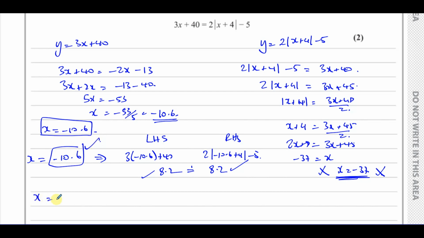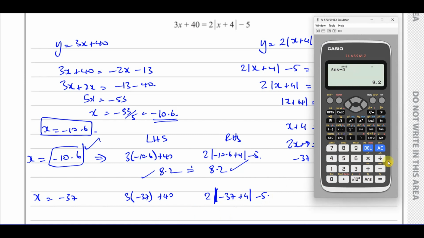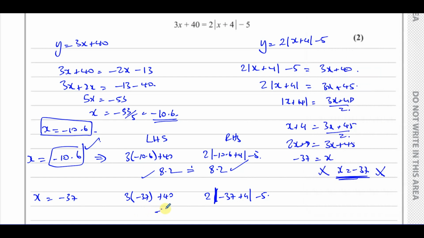And when I try x equals negative 37, I have 3 times negative 37 plus 40 on this side. I have 2 times the modulus of negative 37 plus 4, minus 5. Let's see what that does to our equation. So 3 times negative 37 plus 40 gives me negative 71 on this side.